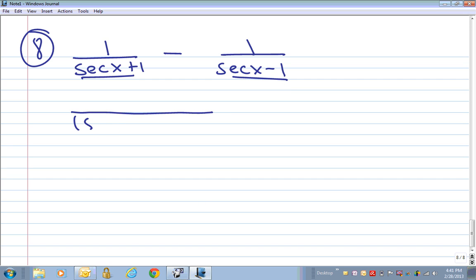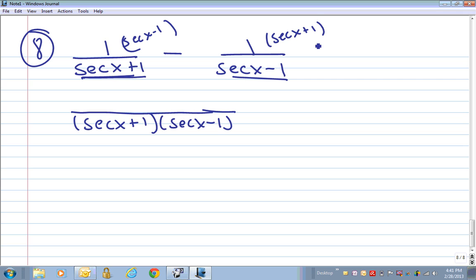So I'm going to write that as secant x plus 1 and secant x minus 1. All right, if that's my denominator, then this side has the plus 1. It would need to be multiplied at the top by secant x minus 1. And this has secant x minus 1, so it would be multiplied at the top by secant x plus 1.